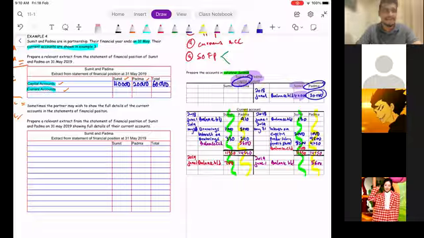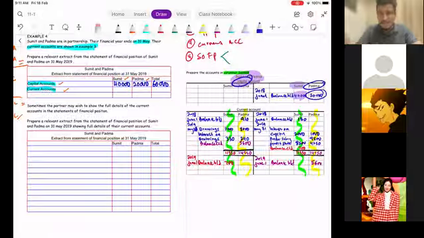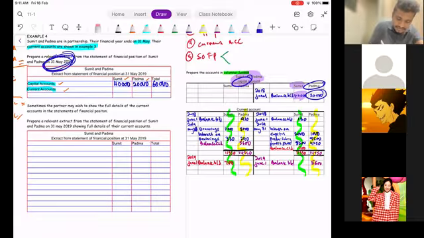Okay, next one. The question asks me to do the current account. So go to the current account and we will take the closing balance. Remember this, we record the closing balance in our statement of financial position because on 31st May, it means the closing balance. You can take the closing balance here or the latest opening balance.